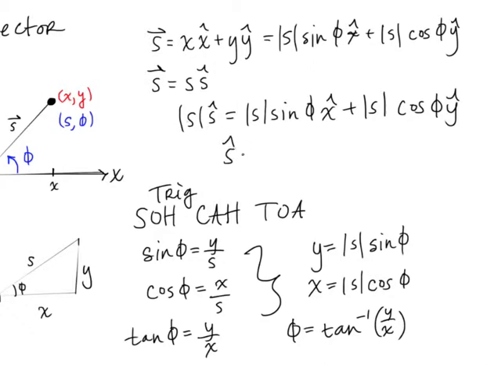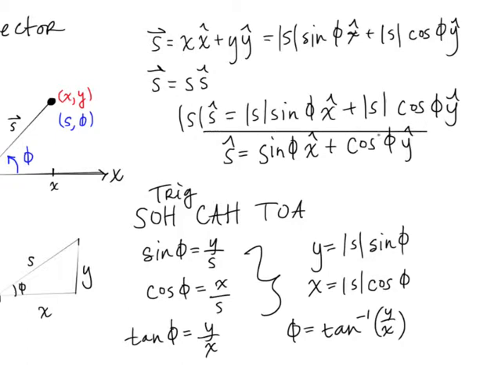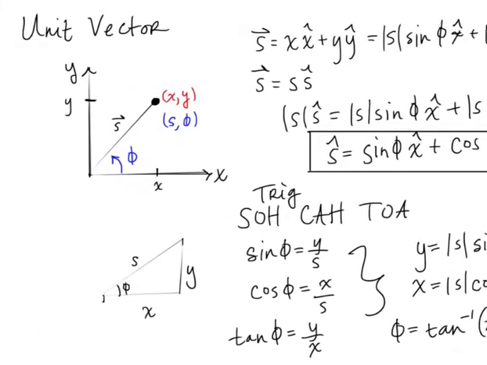So then we're left with s-hat is equal to sine phi x-hat plus cosine phi y-hat. And there we go. We have solved for s-hat, and that's going to be extremely important when we go to three-dimensional systems.